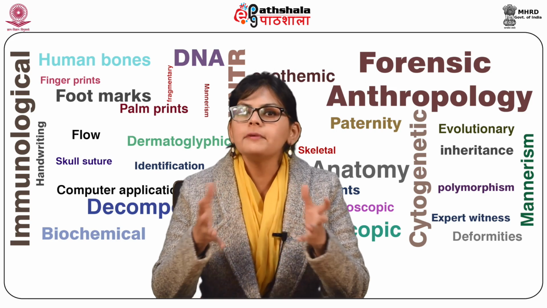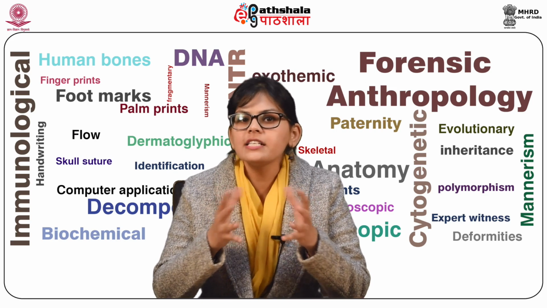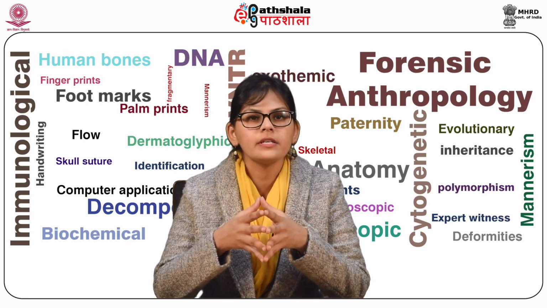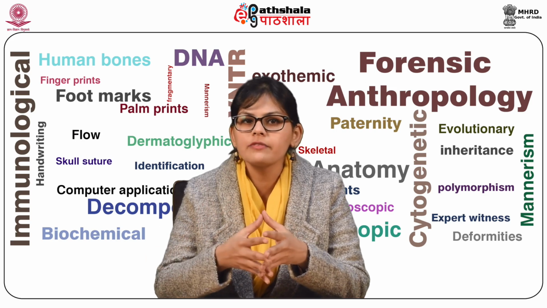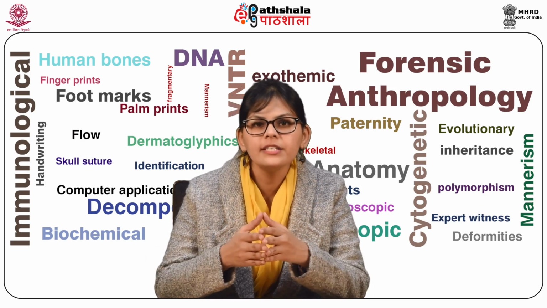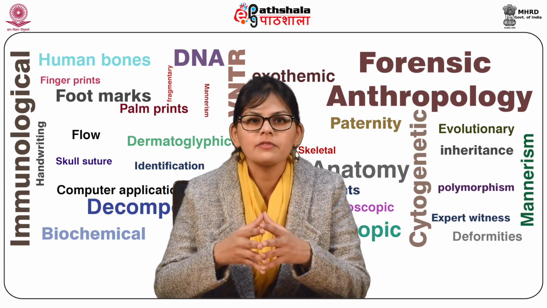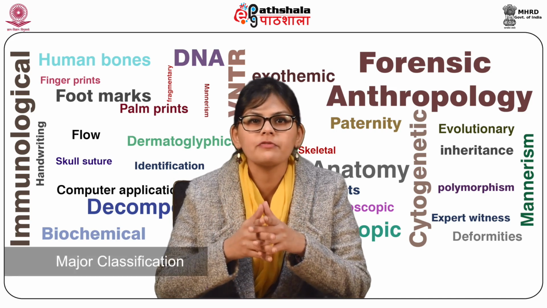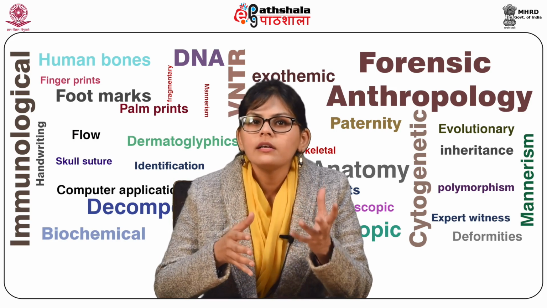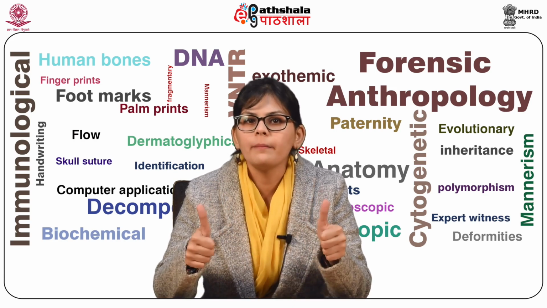Now, I will be talking about the extension of Henry's classification of fingerprints. The extension was made and Henry's classification was modified by including major and key classification. First, I will talk about major classification. This classification considers the patterns in the thumb.